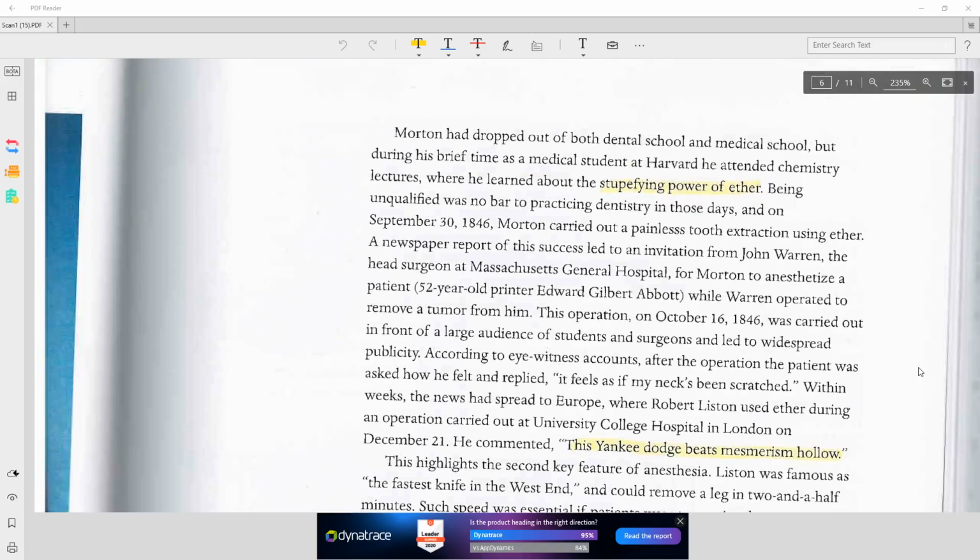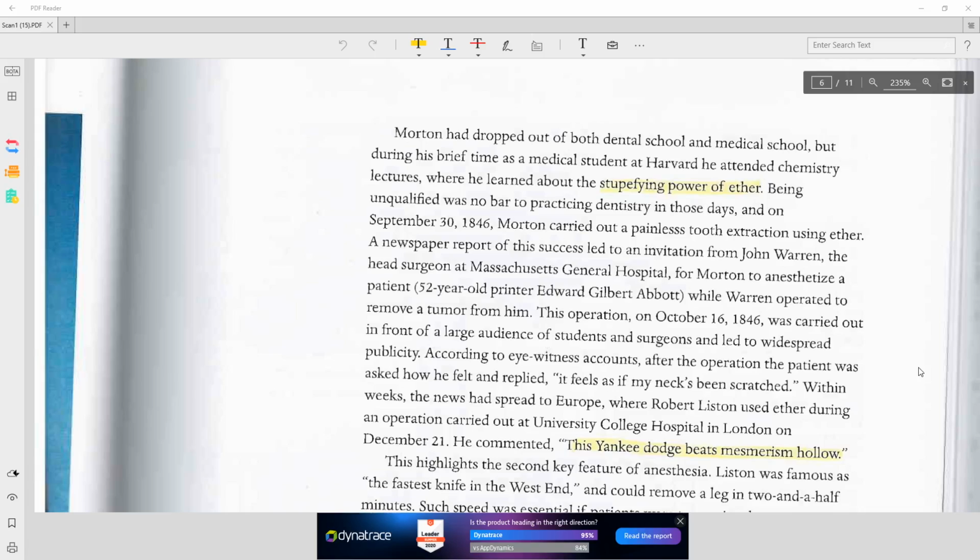Morton had dropped out of both dental school and medical school, but during his brief time as a medical student at Harvard, he attended chemistry lectures where he learned about the stupefying power of ether. Being unqualified was no bar to practicing dentistry in those days, and on September 30th, 1846, Morton carried out a painless tooth extraction using ether.